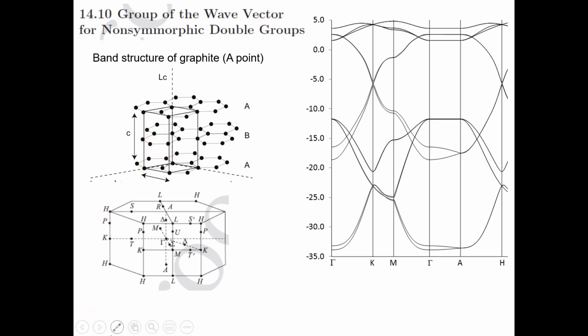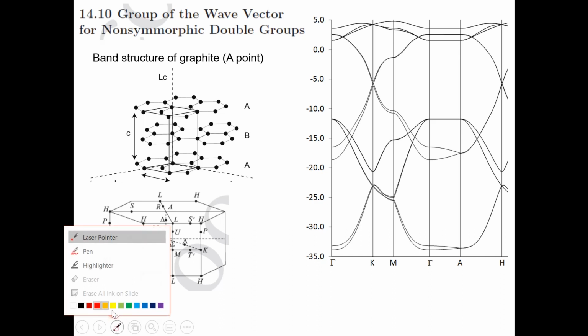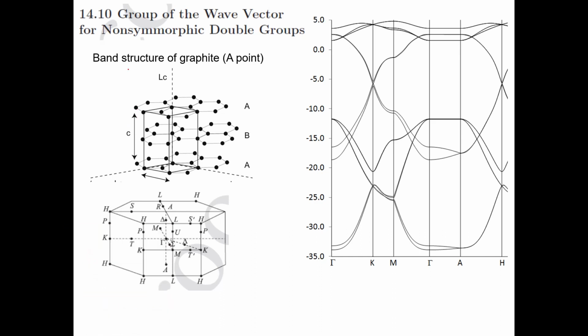So there are non-symmorphic operations that require a translation of a partial vector within the unit cell, C/2 z.